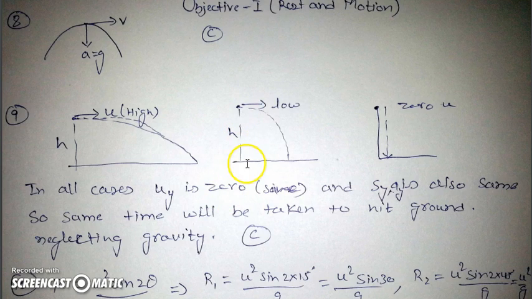They have to move the same displacement in the y direction. Their acceleration in the y direction is also the same, so the time taken will also be the same. I have taken one more additional case in which a bullet is just dropped at the same time. In all three cases, the time taken will be the same.